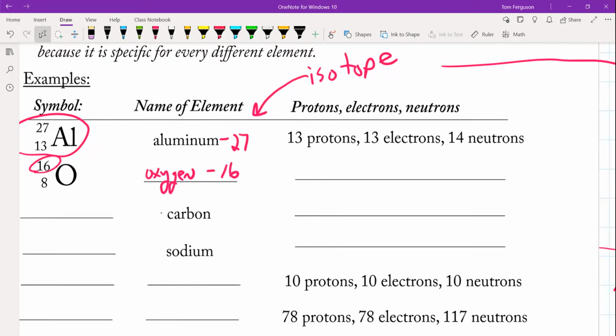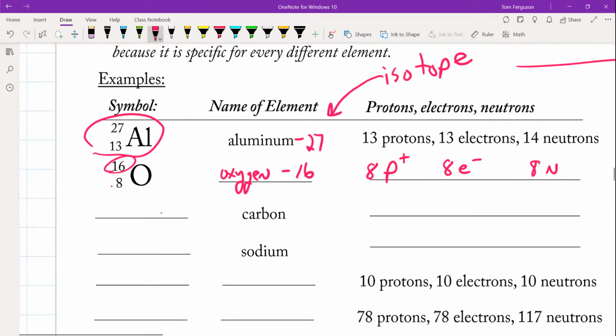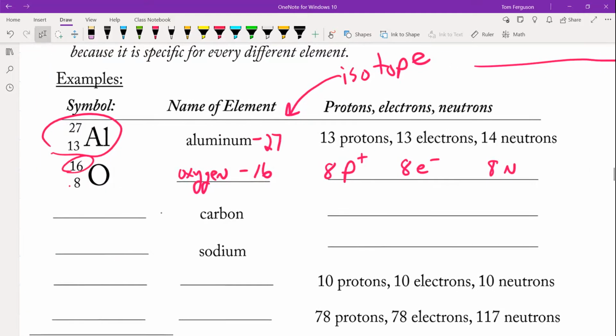Well, the Z number is 8, that means automatically 8 protons. And because it's neutral, we have 8 electrons. How many neutrons? Well, 8 plus what is 16? 8 neutrons. That makes sense?